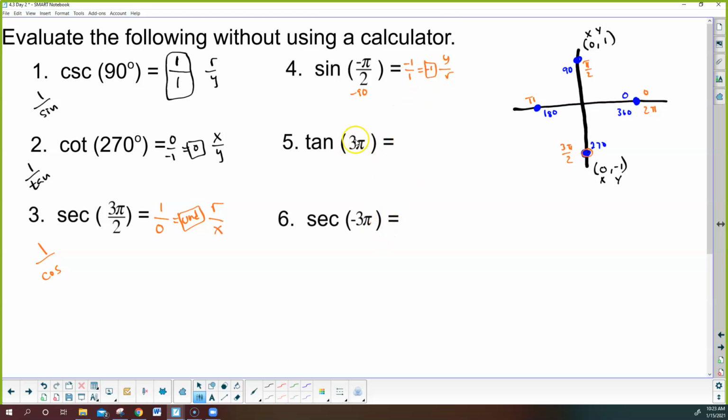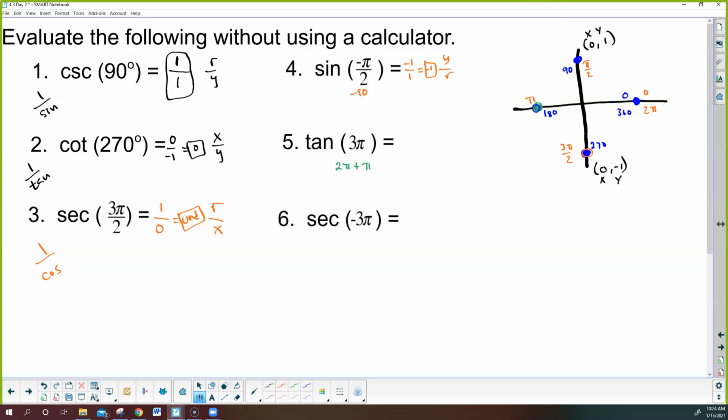Then I decided to trick you guys and see if you understood what we meant when we say radians. So what is 3 pi? Well, 3 pi is really 2 pi plus another pi, right? 2 pi gets me all the way around the circle once, so then I just have to go 1 more pi, and that puts me right here at just basically pi, or 180 degrees.